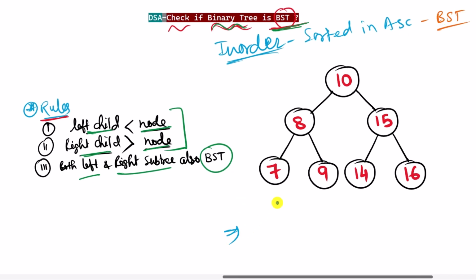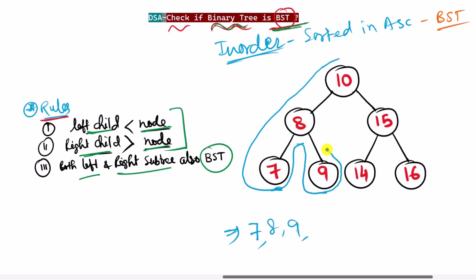To perform the InOrder traversal, we're gonna start traversing from the root node, and whenever we reach below a node, we're gonna count it in our InOrder traversal. First we have 7, then we are below the number 8, then below 9, and then we are traversing and now we are below the number 10, and then below 14, and then 15, and lastly we have 16.